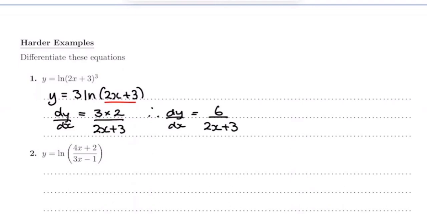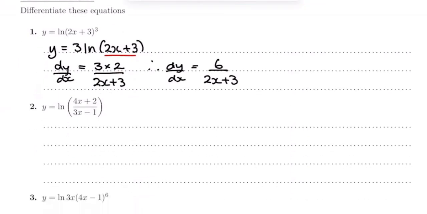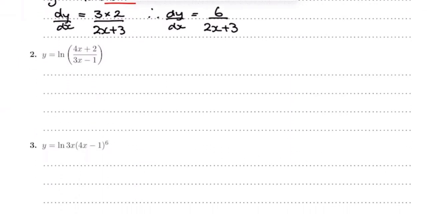Now, that was an example of using a power rule. We've got our other rules as well, so for number 2, I'm going to use the subtraction rule. So again, I'm going to share this one out, so I get the natural log of 4x plus 2 minus the natural log of 3x minus 1.